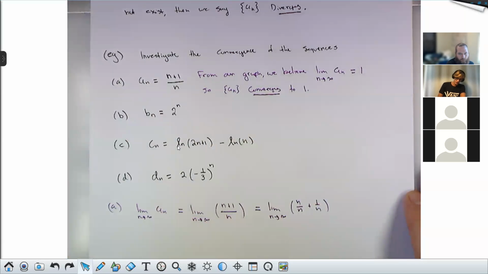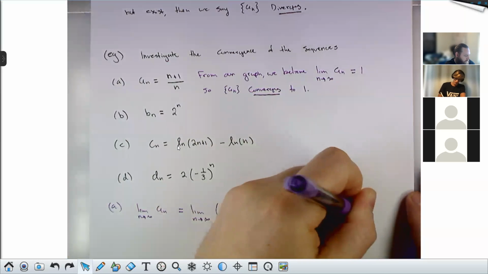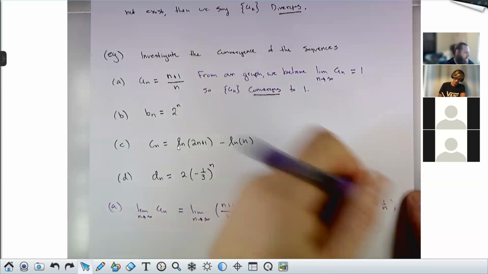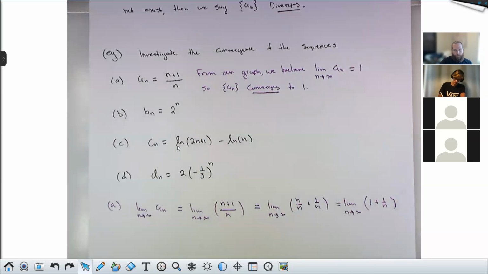n plus 1 over n is n over n plus 1 over n. And n over n is 1. So this is the limit as n goes to infinity of 1 plus 1 over n. And you can, in your mind, imagine replacing n's by x's.